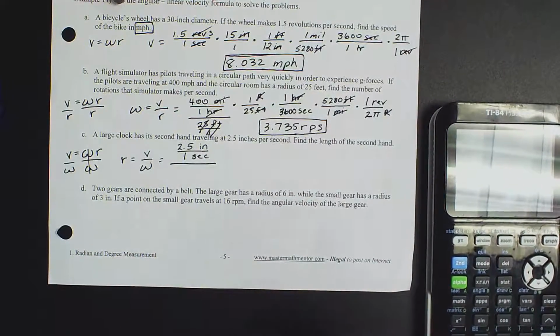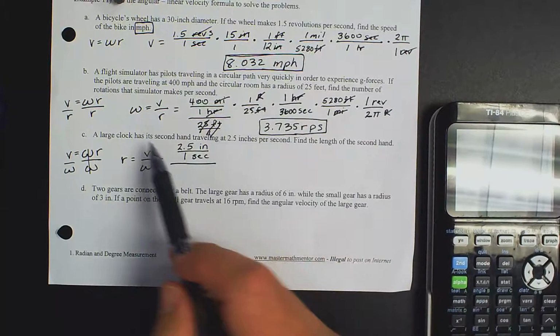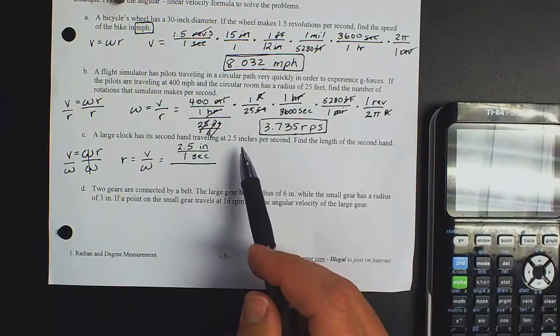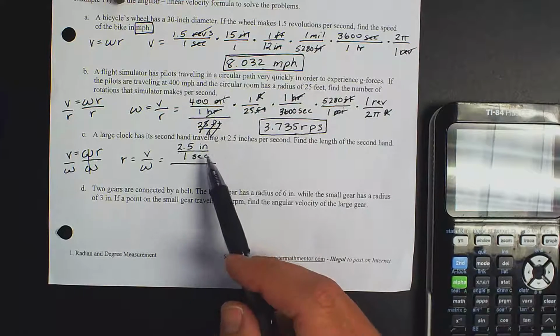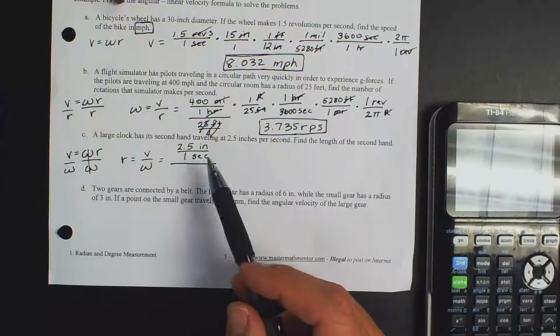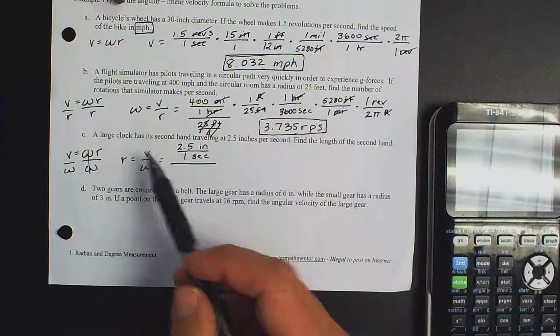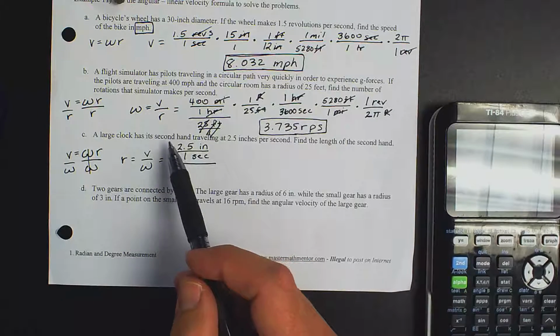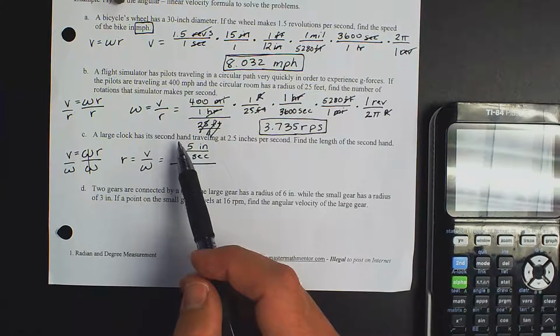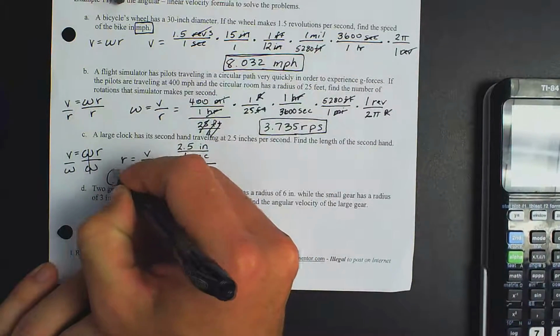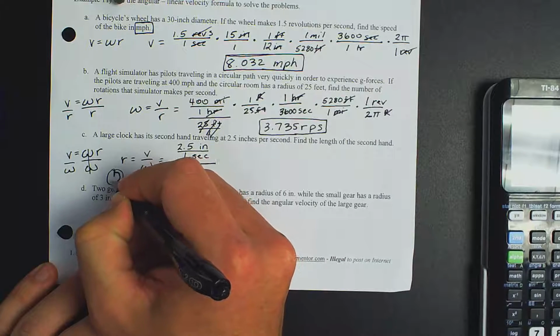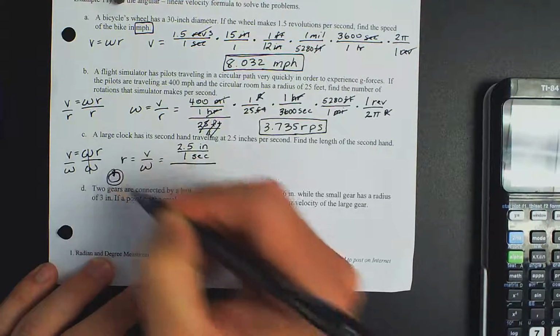Now this can kind of trip students up because it gives nothing besides the linear velocity, but this is where common sense is going to have to step into the problem. How many seconds are in 1 minute? If you can imagine a clock, and the second hand starts here, how long does it take the second hand to get all the way around?